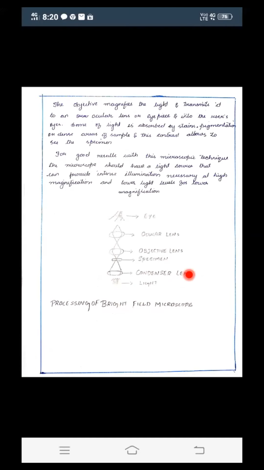Here is the presence of the condenser lens. Through that, it moves to the specimen, and later to the objective lens. The objective lens magnifies the light and transmits it to the ocular lens or eyepiece, and through the ocular lens we can see with our eyes.